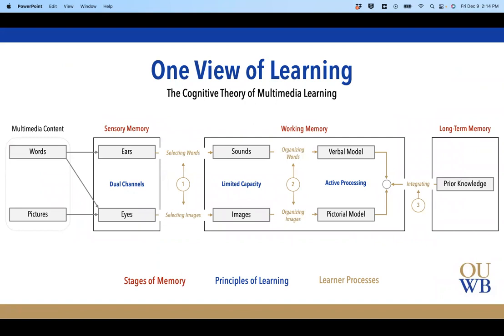If the content itself is so dense that students can't possibly conceptualize it in one setting, we talked about strategies on how to sort of overcome that. Today, we're really more so focused on strategies that relate to organizing words and images and integrating those mental representations that students are making. And those are the strategies that relate more to active processing and generative processing, which is what we're going to get into more today.